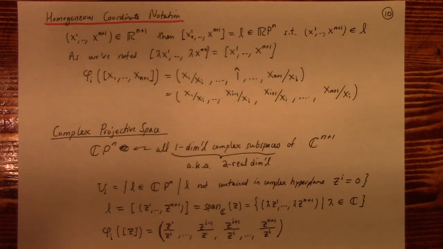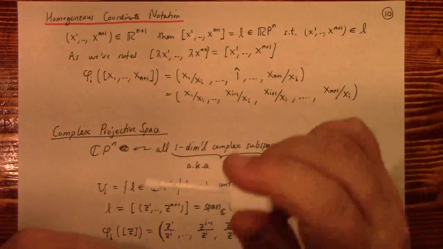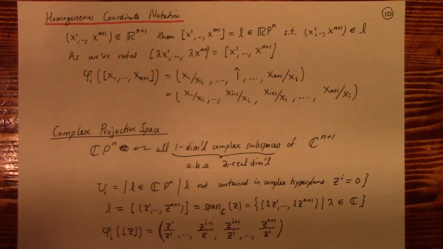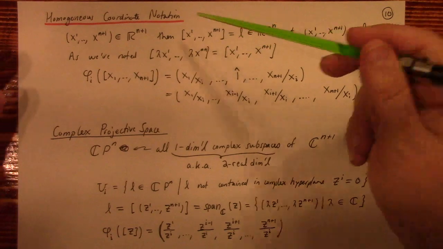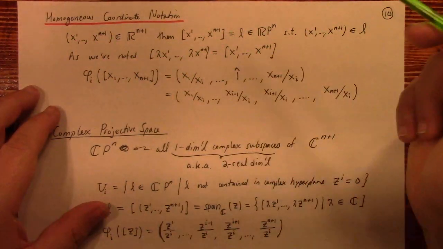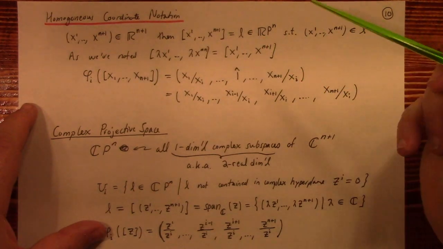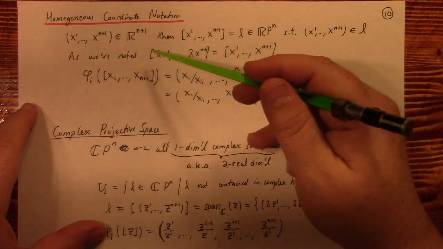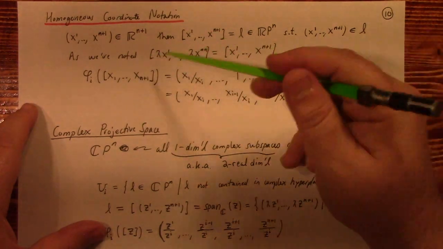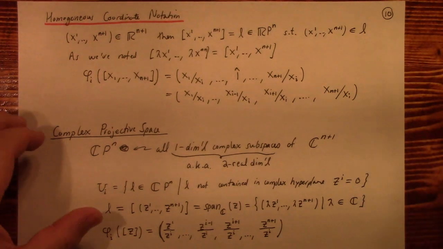It's the span of the vector x1 through xn+1, just shorthand for all scalar multiples of it. It's called homogeneous because we can multiply by lambda and not change it. That's the homogeneity being mentioned.